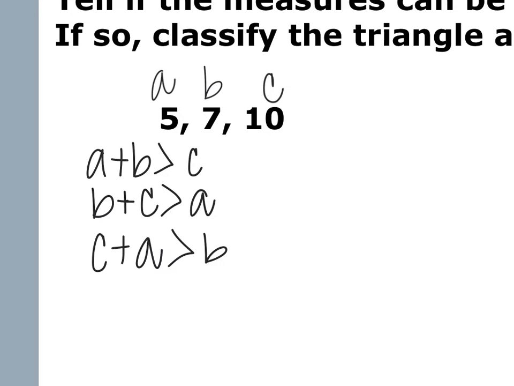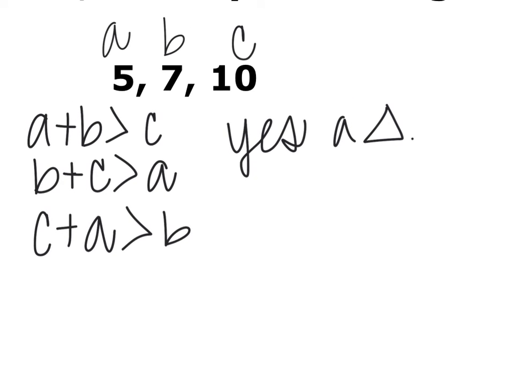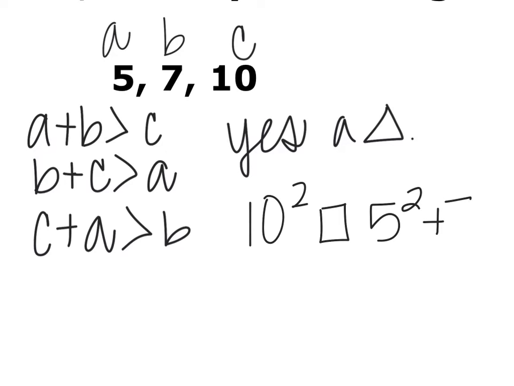5 plus 7 is greater than 10. 7 plus 10 is greater than 5, and 10 plus 5 is greater than 7. So yes, we can have a triangle. Now we need to figure out if it's right, obtuse, or acute. Is 10 squared, we're going to leave this blank, 5 squared plus 7 squared?